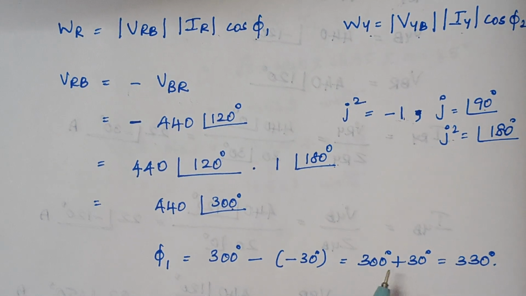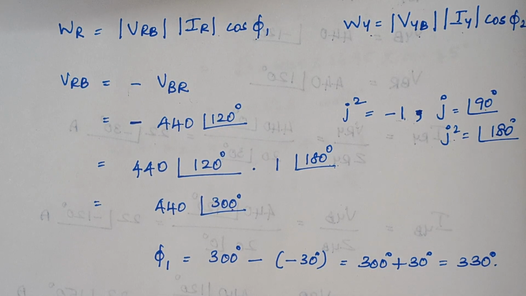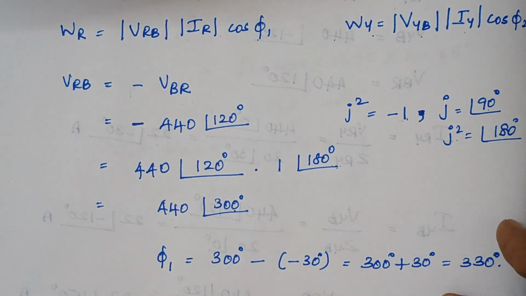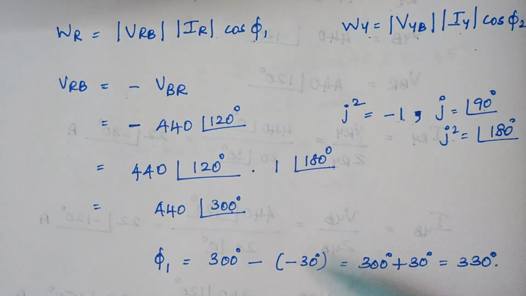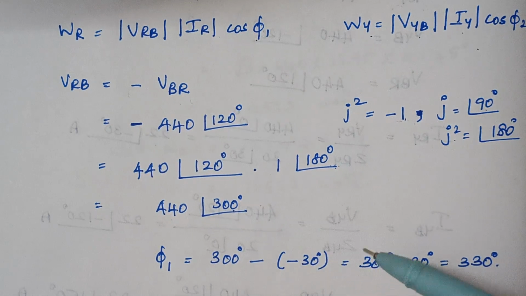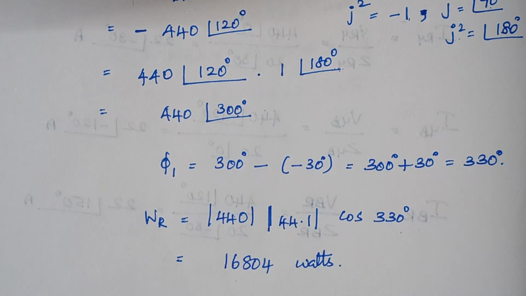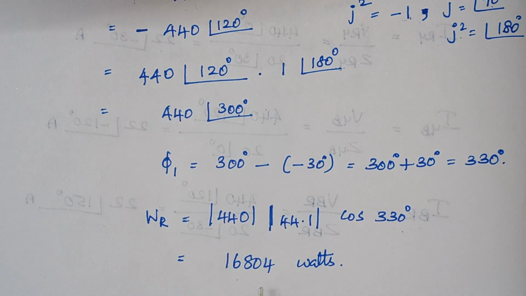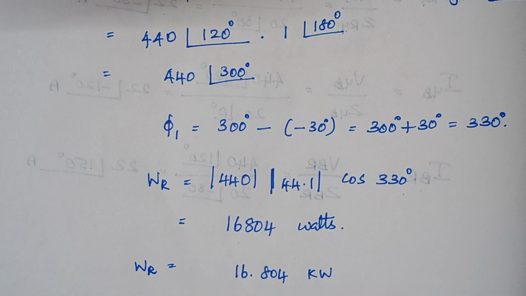Finally this gives an answer of 330 degrees. Now the next thing is we are going to write down the value of WR. We have just found out the values of VRB, IR and phi 1. Just substitute the values and here the answer is 16804 watts, which is nothing but 16.804 kilowatts.